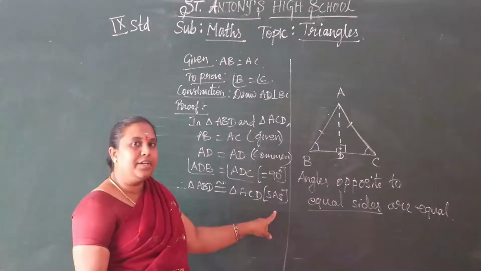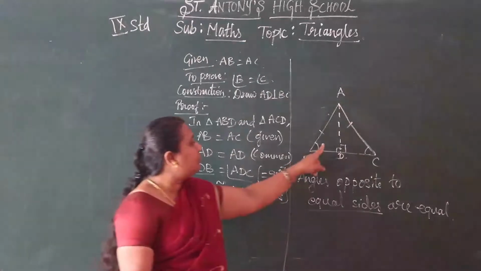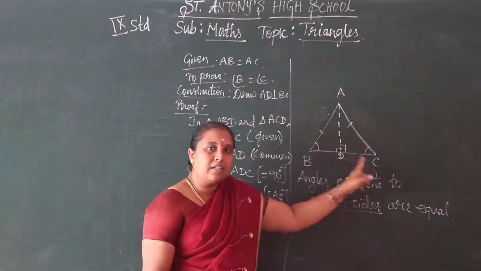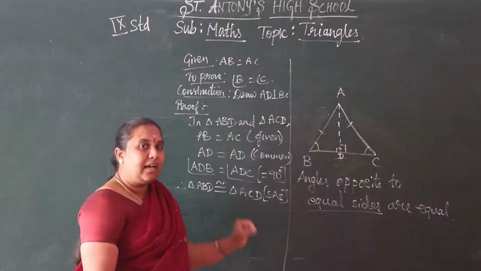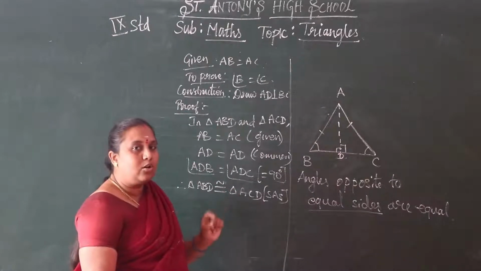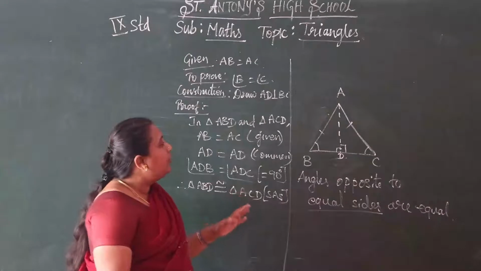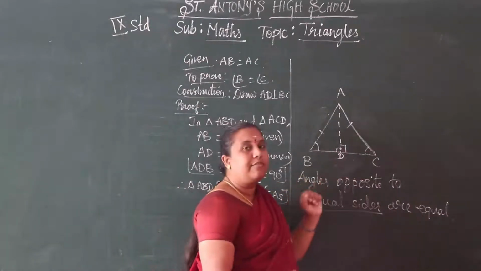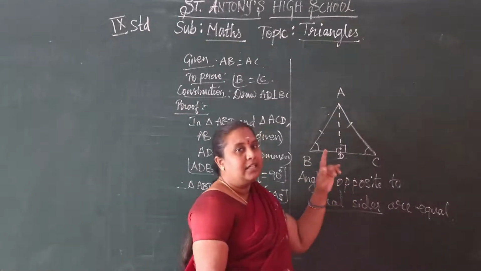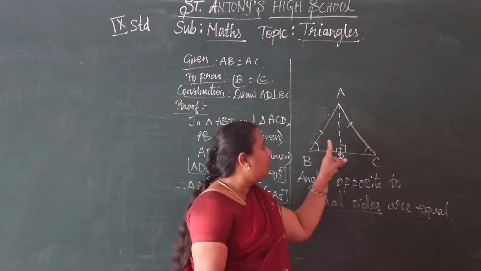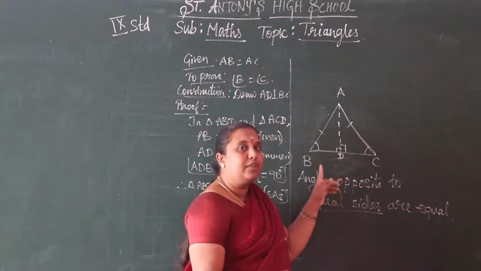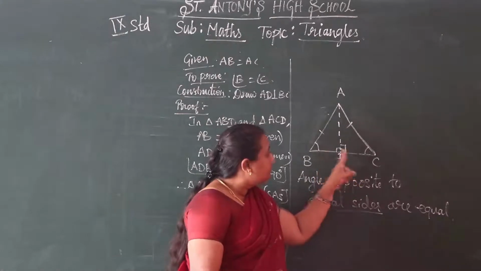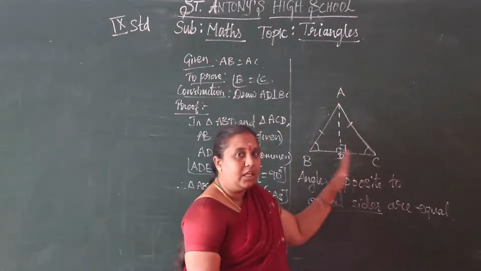If two triangles are congruent, the corresponding parts of the congruent triangles are equal.